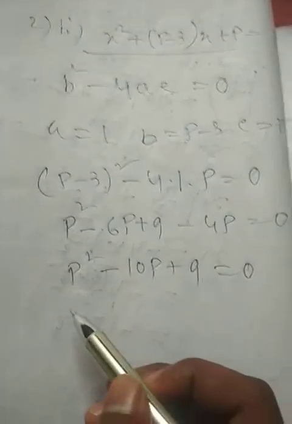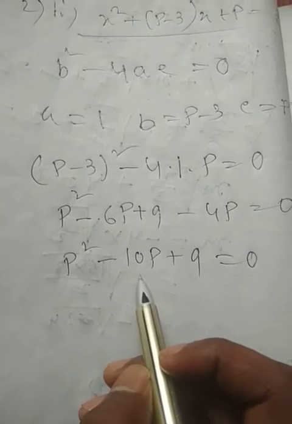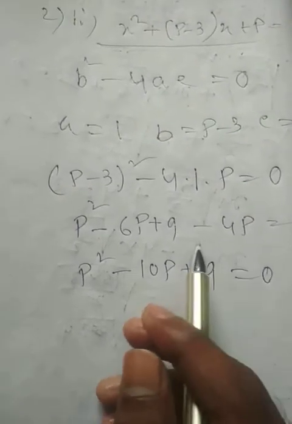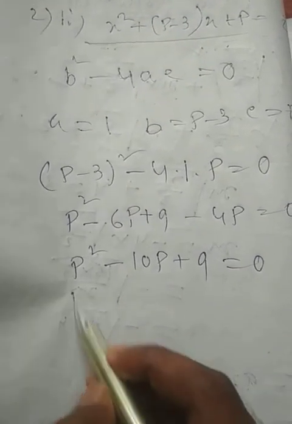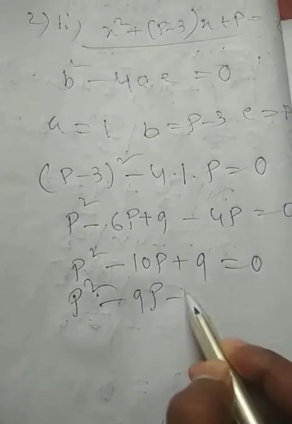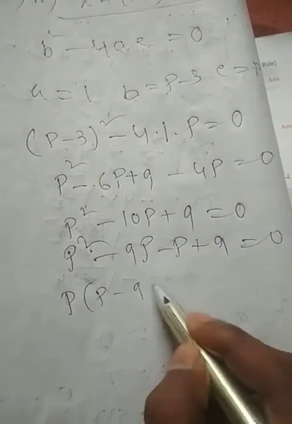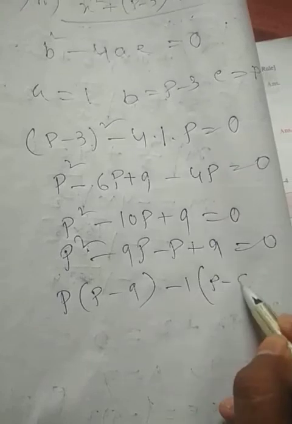Now by doing middle term factorization you can find out the answer. So I got p minus 9 or p minus 1 equal to 0. So I can say p equal to either 9 or 1. So this is the value of p.